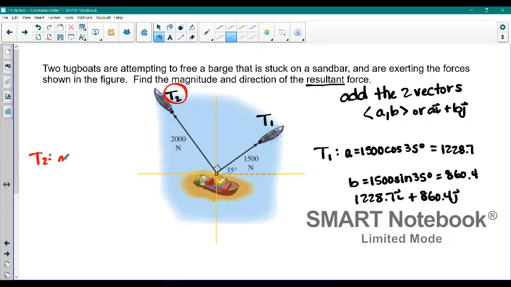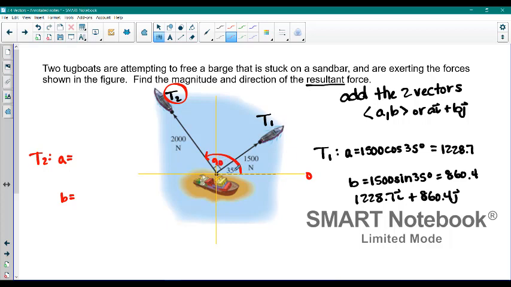I'm going to want its A component, its horizontal component, and its vertical component. Now we've got to be careful about what this angle is, because when we're naming an angle in terms of magnitude and direction, we know its magnitude is 2000, but what is this angle? Well, we've got to come from 0. I am told that between these two is 90.